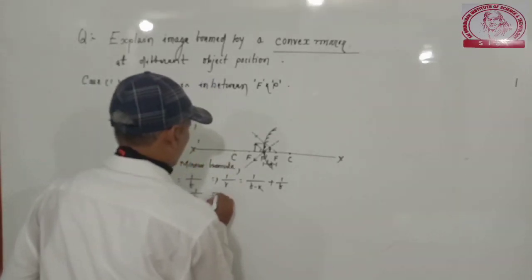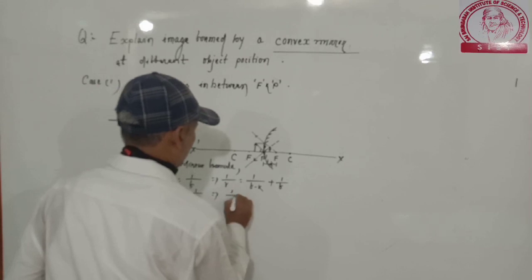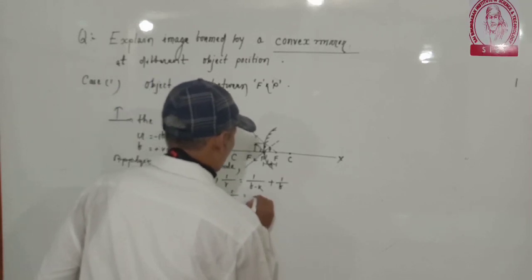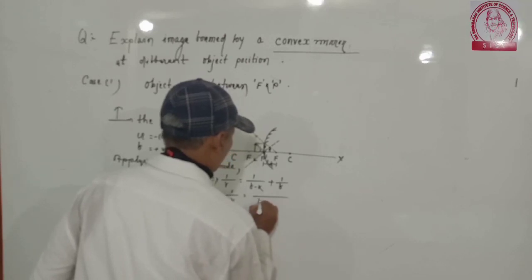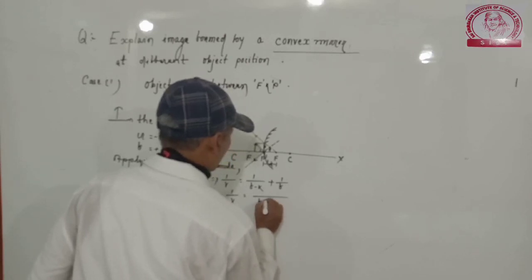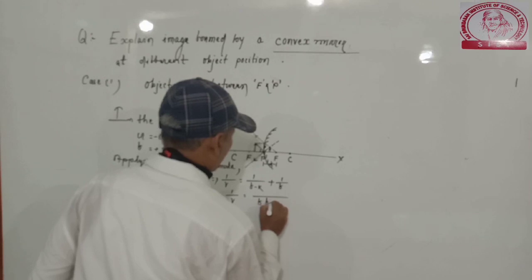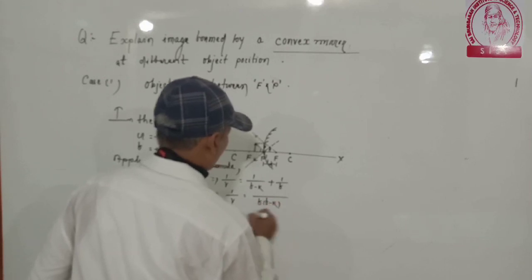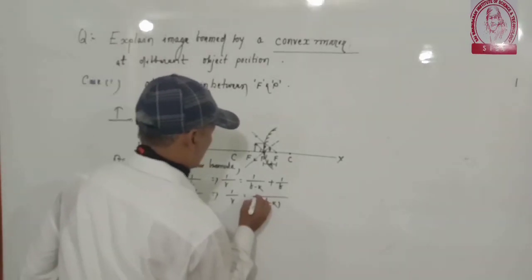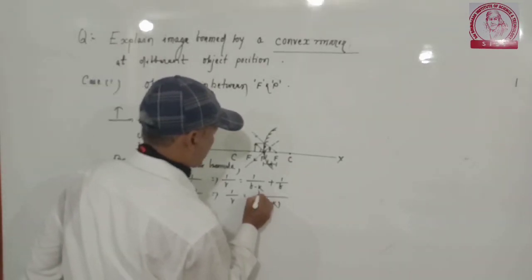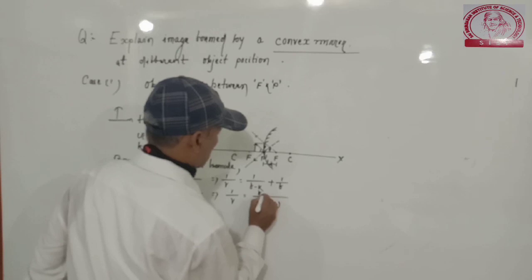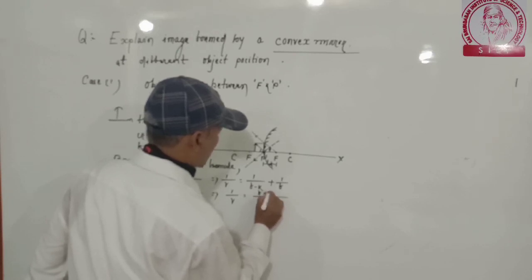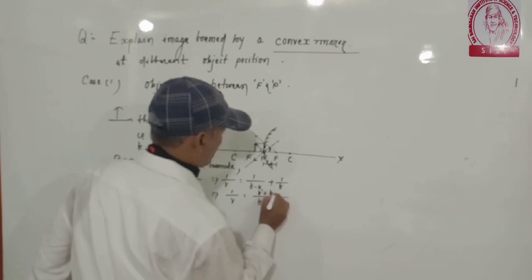Implies 1 by v is equal to f plus (f minus k) divided by f into (f minus k), so here it is f plus (f minus k).